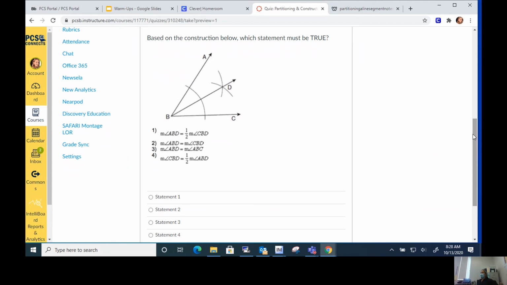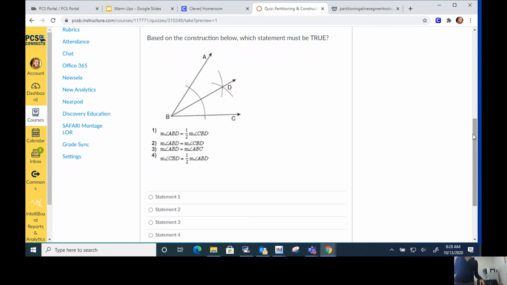What am I creating in that picture? If you look at your notes, there are 6 different types of constructions that we did. It is one of those 6 different types of constructions. So if you're looking at your paper that looks like this one, you should see something that looks similar to that one on your paper. Which one does it look like?